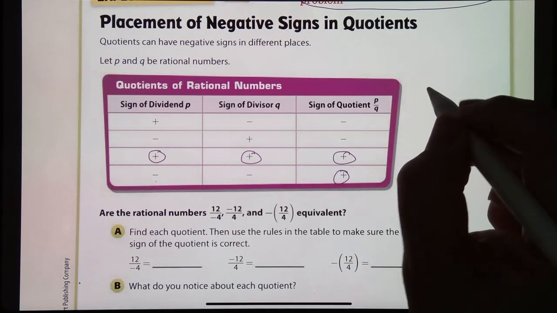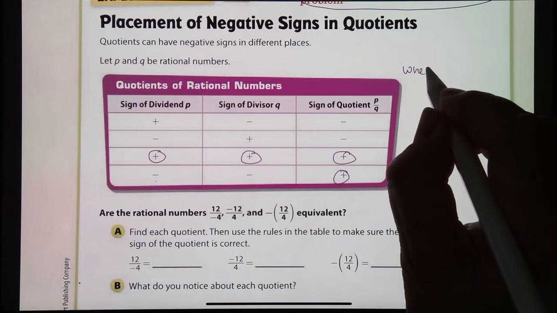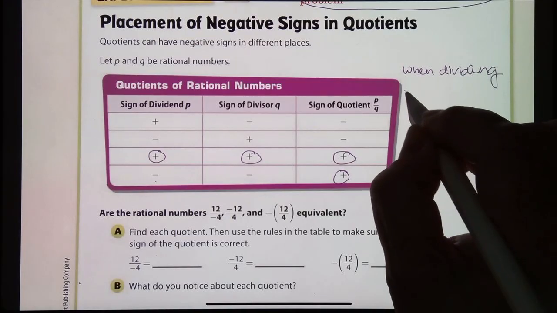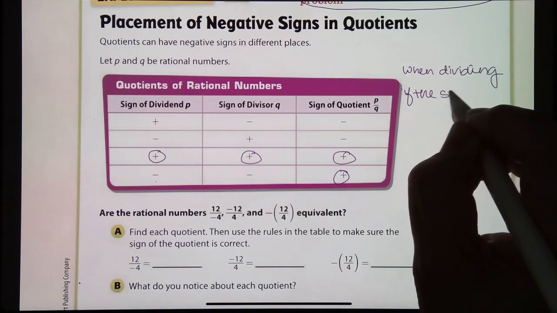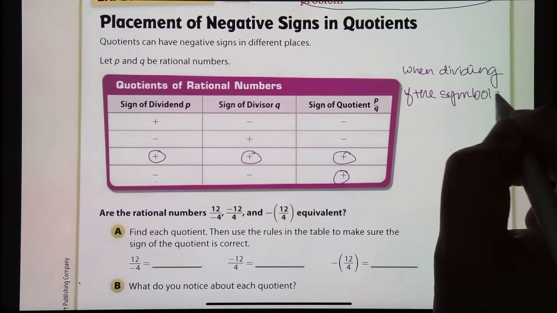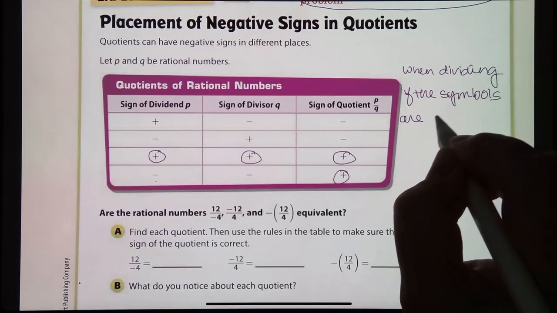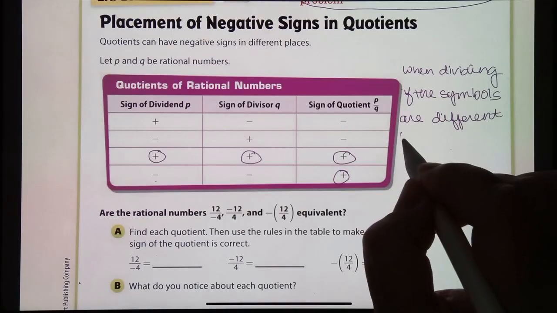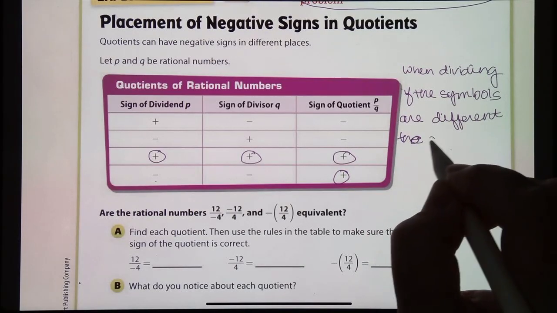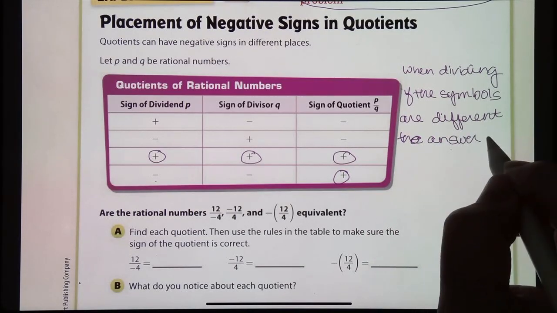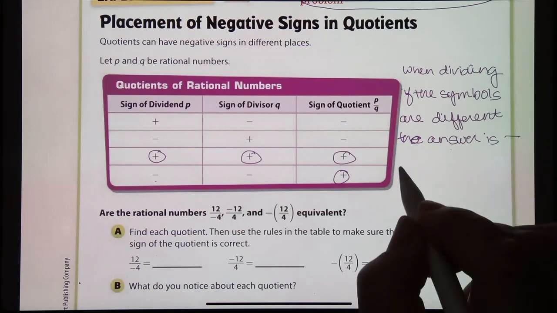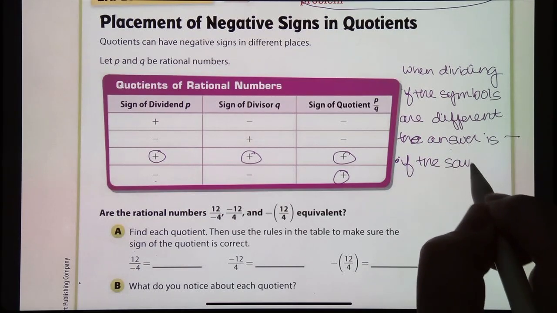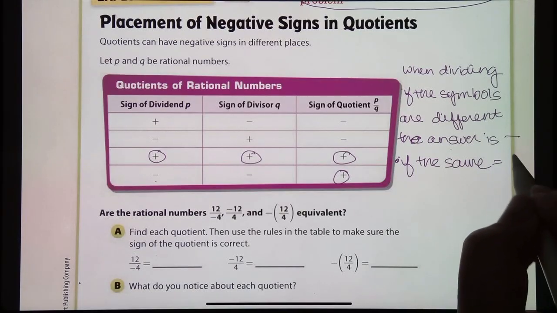So when you're dividing, if the symbols are different, the answer is negative. If the same, it's going to be positive.